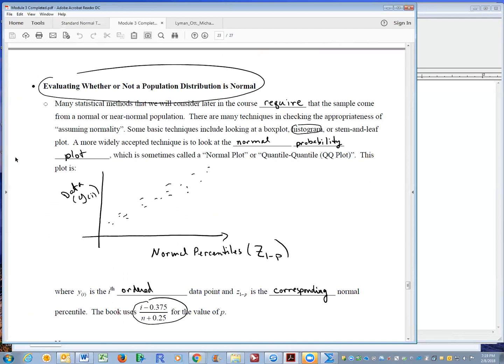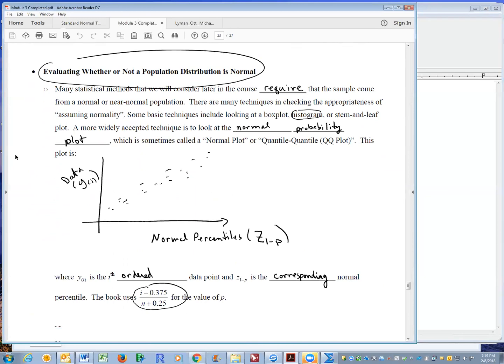Page 23 deals with assessing whether a population is normally distributed or not. This plays a role for us because in a lot of the statistical methods that we're going to use later in the course, we're going to assume that the population we're sampling from is normal or approximately normal. And we need a way to check that assumption.